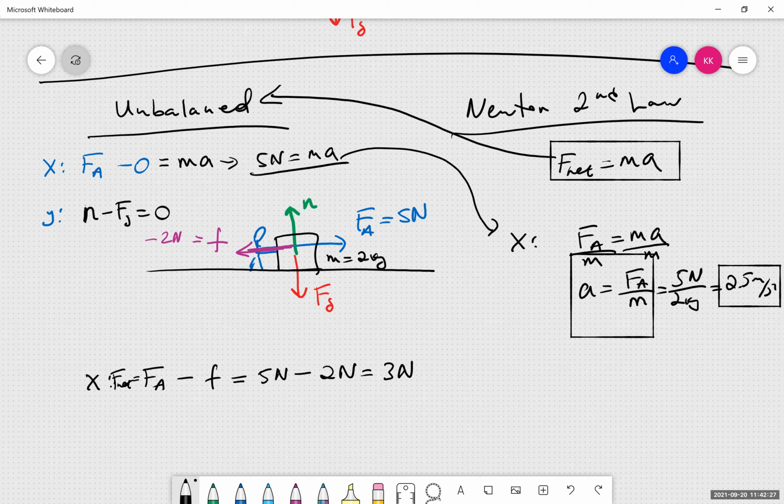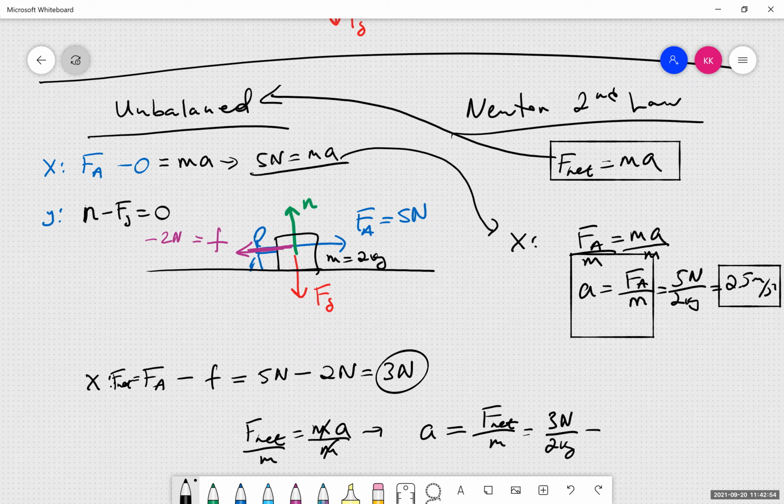That means when you push 5 newtons to the right, but the friction acts to the left with 2 newtons, the net effect is only 3 newtons. But still, I can say that F net equals mass times acceleration. So acceleration equals, dividing both sides by mass, F net over mass. Now I have only 3 newtons of F net, but still the same 2 kilogram object.